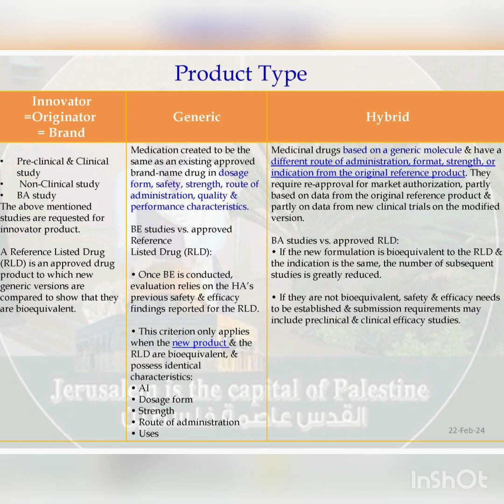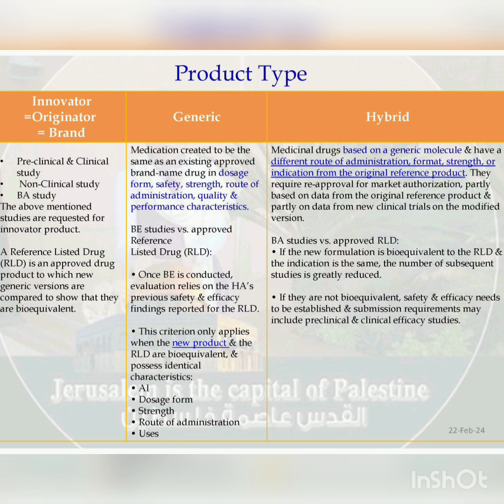A reference listed drug is an approved drug product to which new generic versions are compared to show that they are bioequivalent. The second product type is the generic molecule. A medication created to be the same as an existing approved brand name drug in dosage form, safety, strength, route of administration, quality, and performance characteristics.